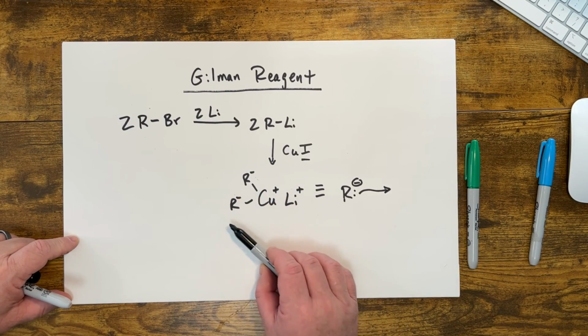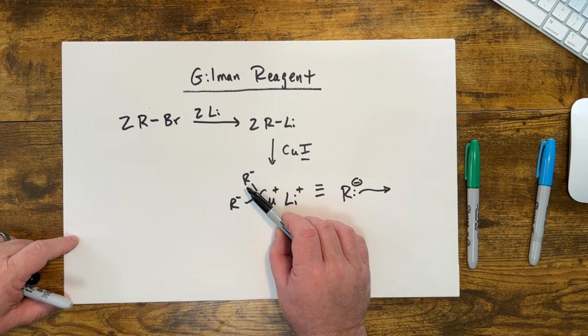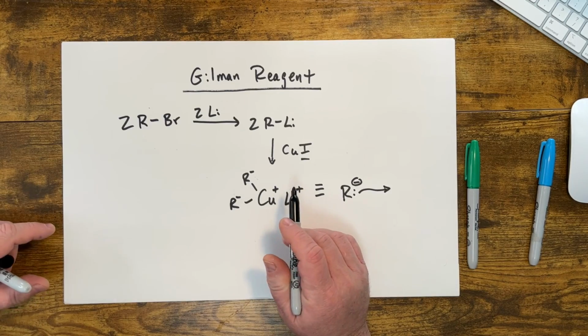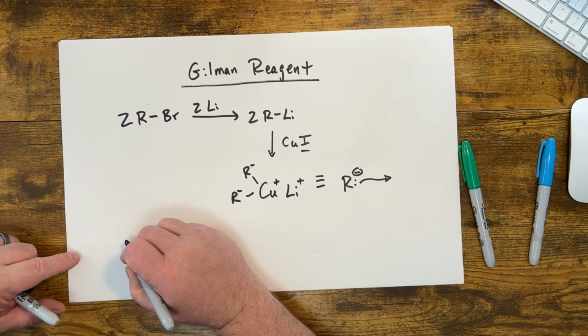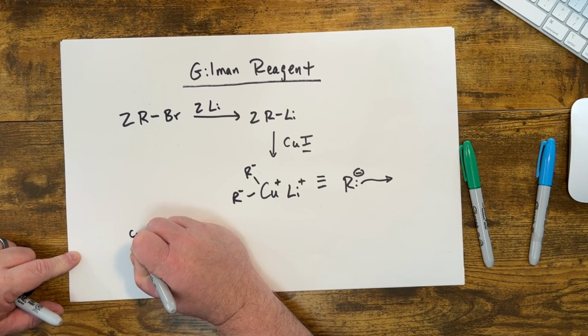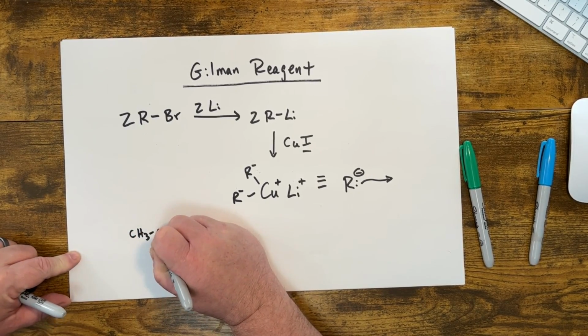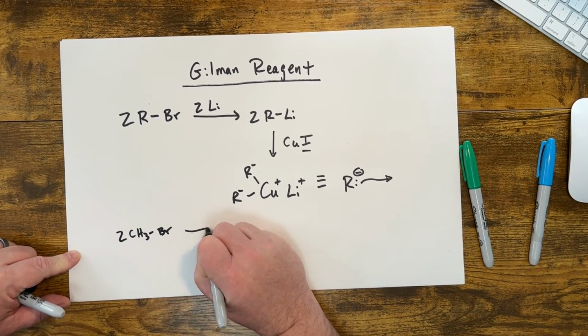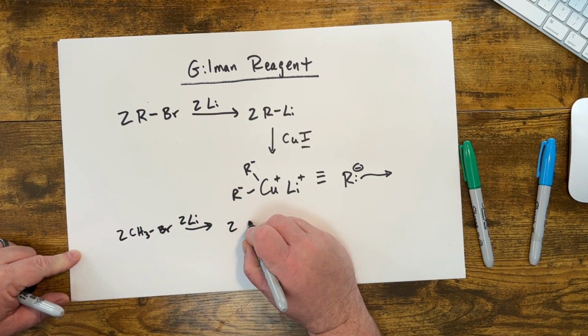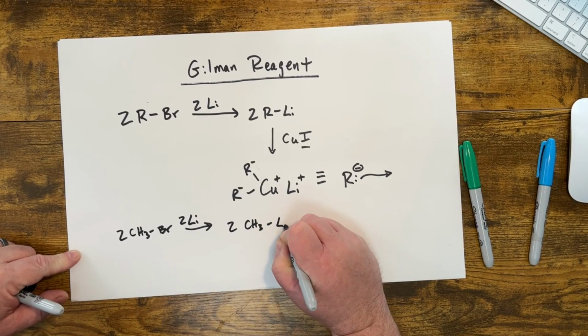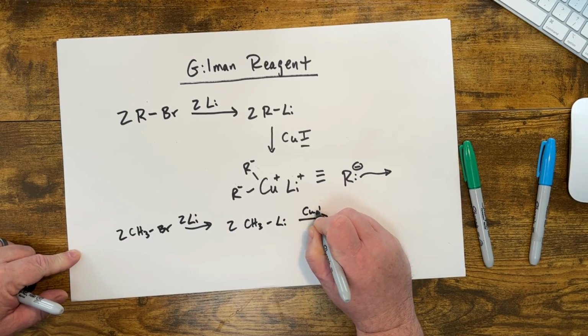So this Gilman reagent, with these negative R groups on it, can do a substitution reaction like we just saw. So for instance, I could take methyl bromide. We add lithium to it. We add our copper iodide.